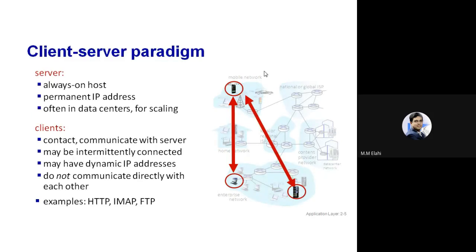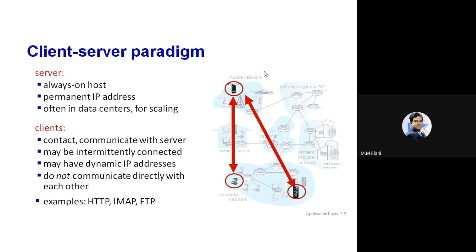There are different properties. The most significant property of client-server is the server is always dedicated and on, and the server has a fixed permanent IP address. And the third one was there is no direct client to client communication.